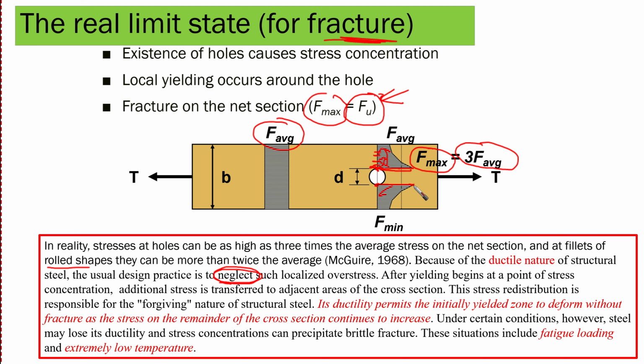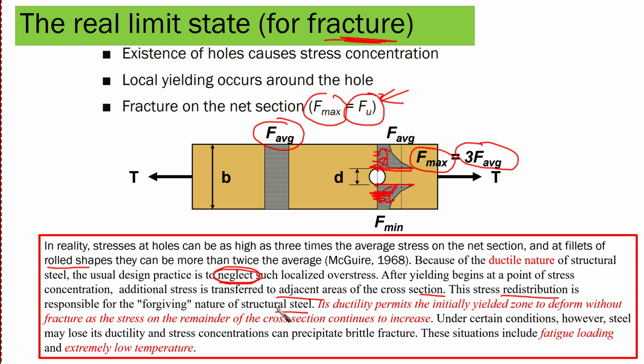So this very high point is going to be reduced because it is going to give to the other strips here. After yielding begins at a point of stress concentration, additional stress is transferred to adjacent areas of the cross-section. This stress redistribution is responsible for the forgiving nature of structural steel.